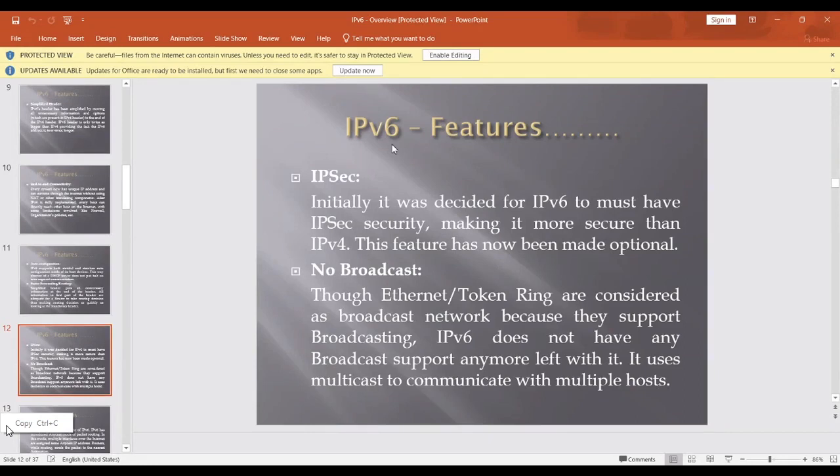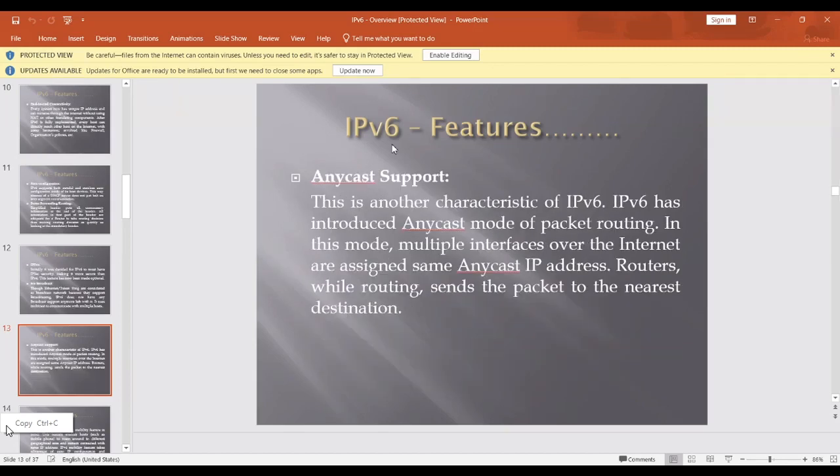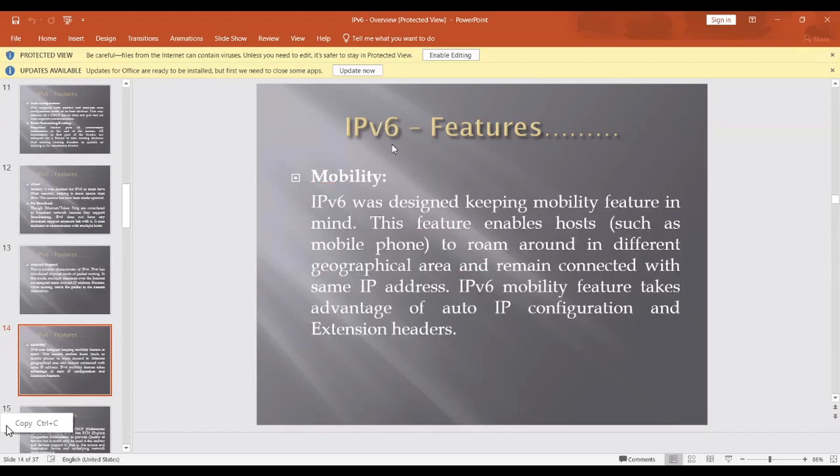Because of that, the traffic within a network can be minimized by avoiding broadcasting. And it uses a new feature called Anycast support. So that is also a good feature.